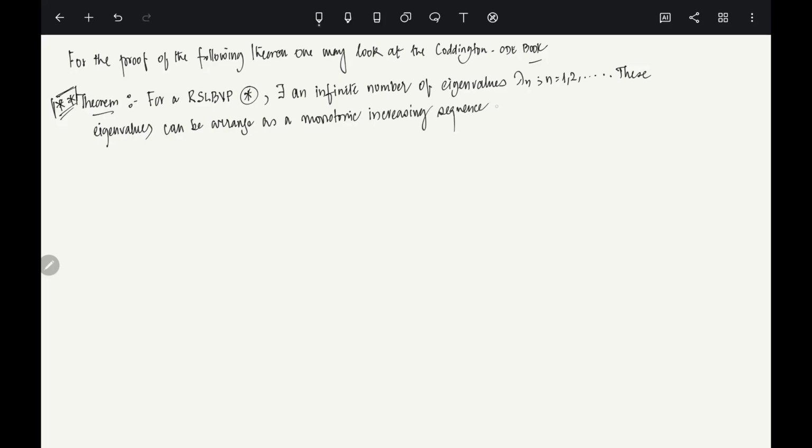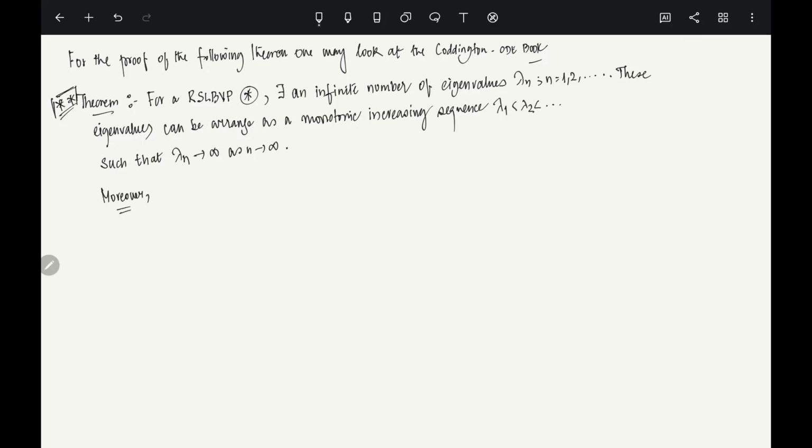Lambda 1 is less than lambda 2, and it goes on like this. Where is it going? Is it converging somewhere? It goes to infinity, so in that sense it diverges, as n tends to infinity.